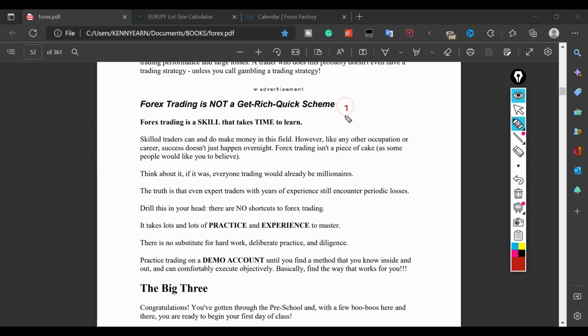You have to be looking at the markets, trying to understand how they work. But once it starts paying you, it could cover the money you would make for a whole year with your job. You can make it in one month in the Forex market. So it takes a lot of time, practice, and experience to master.